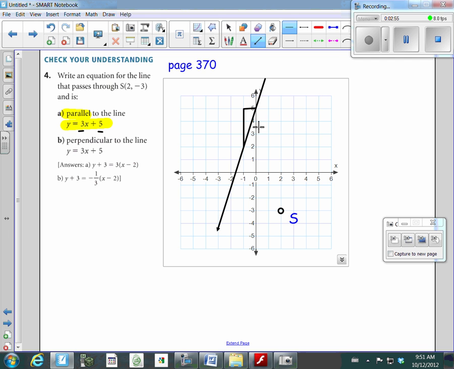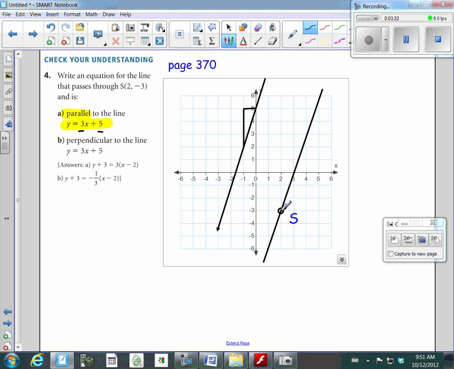The line we need is parallel to this line that travels through this point. So let's draw a line that travels through this point that has a slope of 3 as well. Okay, let's see what we got here. Once again, the line looks parallel to this line.